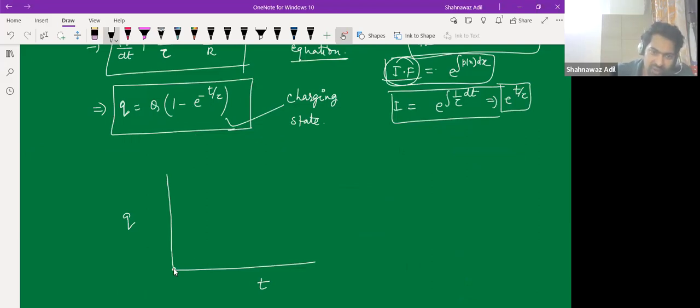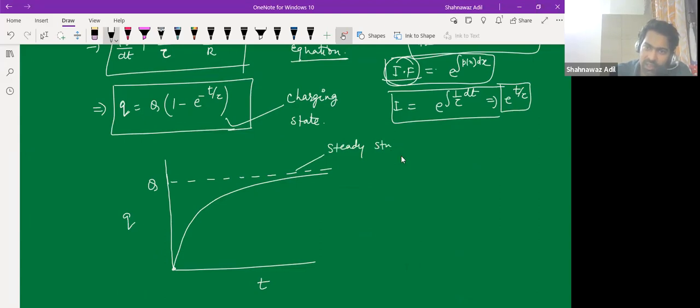So the graph of this would be like this, and at t equal to infinity, this will become Q. This is called the steady state. In the steady state, what will happen to the charge?